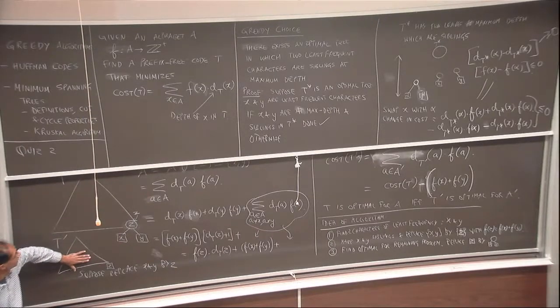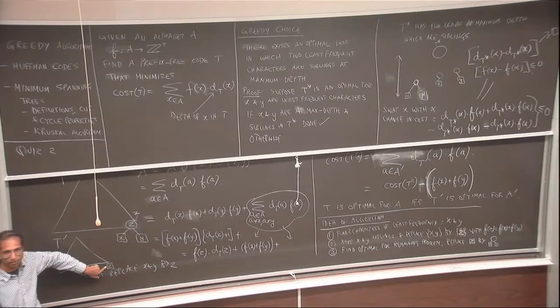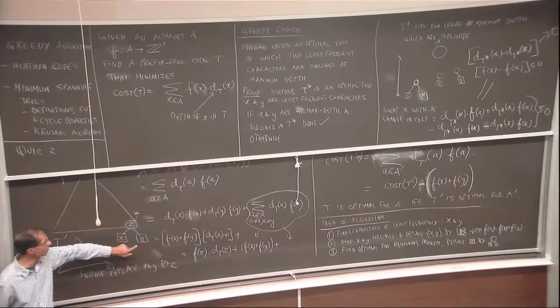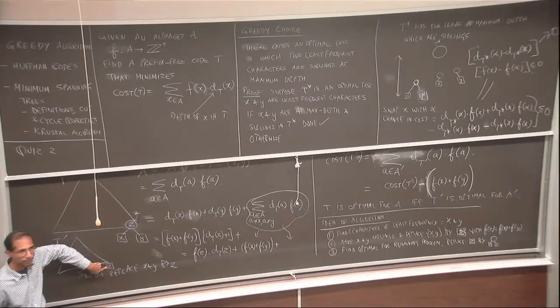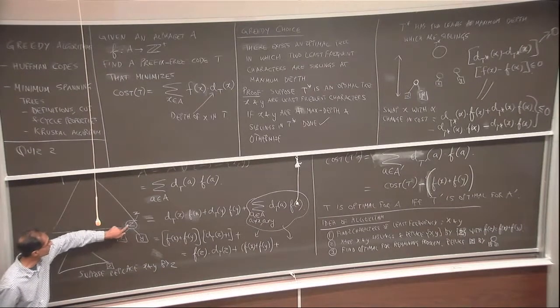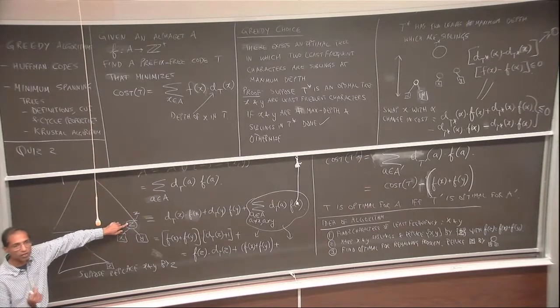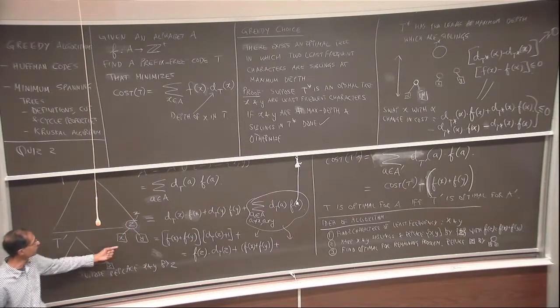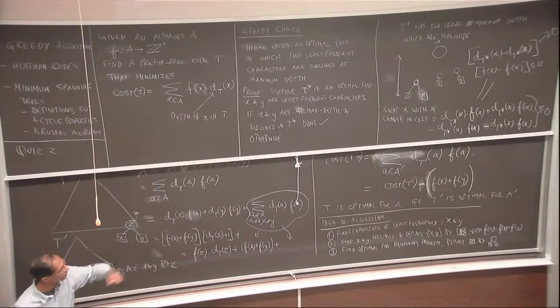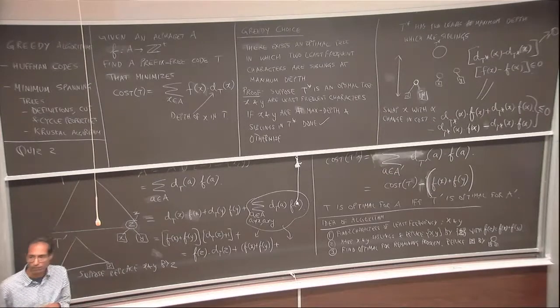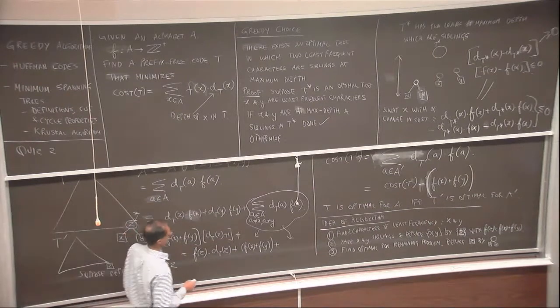You agree? Here we have frequency of z times its depth. Here we have frequency of x times its depth plus frequency of y times its depth. But frequency of x plus frequency of y is the frequency of z. The depth of x and depth of y is the depth of z plus 1. So the only difference between the two costs is that you have an extra f of x plus f of y here. Okay, we will do an example.